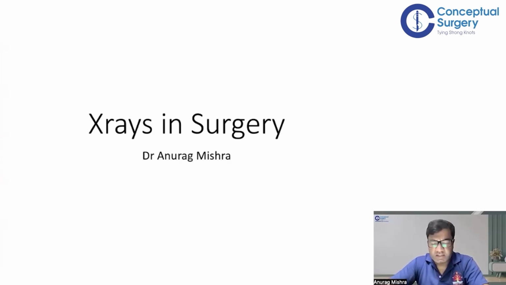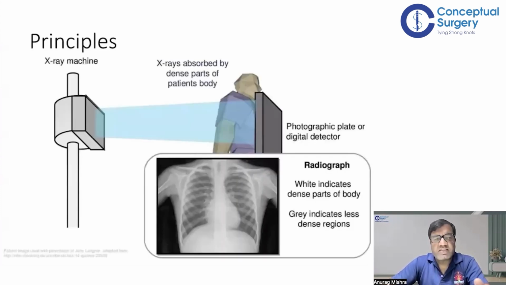So let's start. Last time we did talk about the principles of how it works. We talked that an X-ray beam is made to pass through the body of interest, and then some of the radiation is reflected back by some organs like hard organs, and the remaining radiation which is able to pass through falls on an X-ray film or a digital detector, depending on whether you are doing an analog or a digital X-ray.